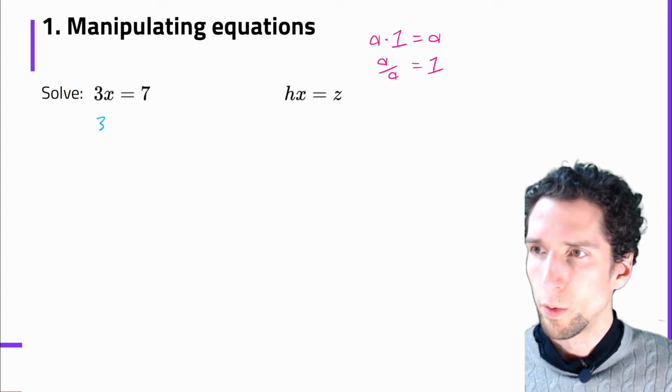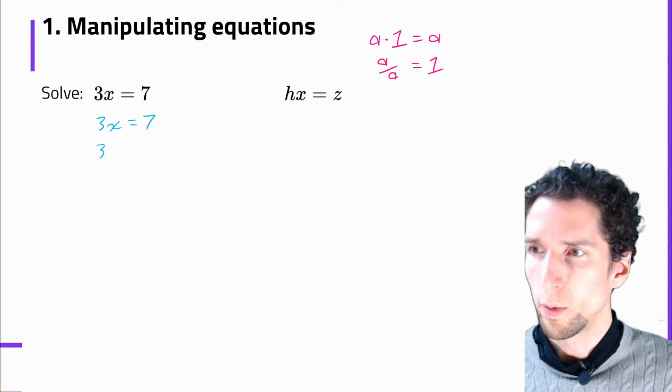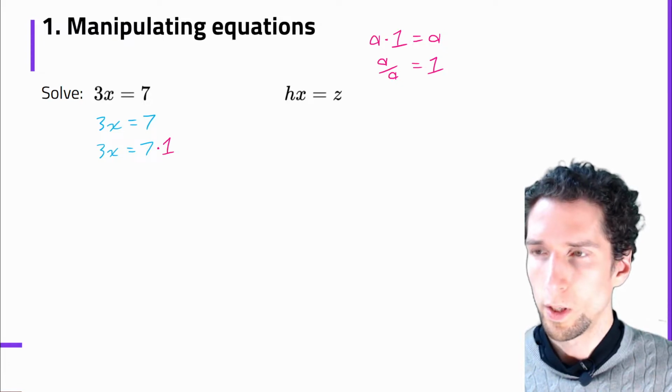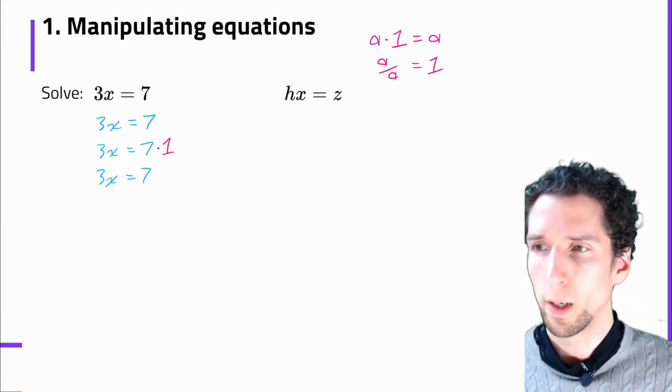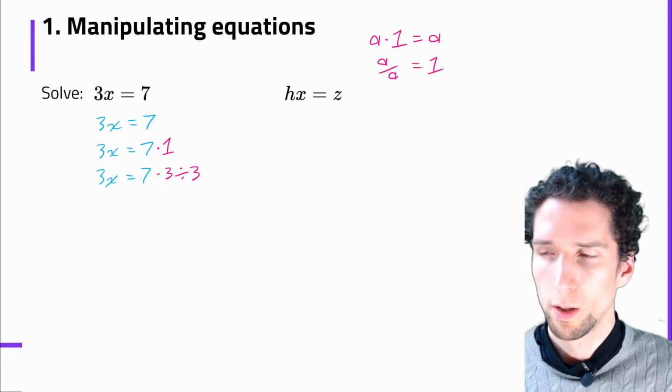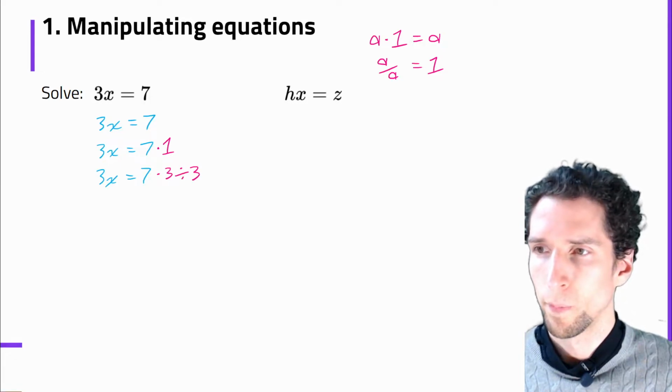So 3x equals 7, and we can write 3x is equal to 7 times 1. And then we have 3x is equal to 7. I don't want to multiply by 1. That's not really helpful. So let's multiply by 3 and divide by 3, keeping everything balanced here.